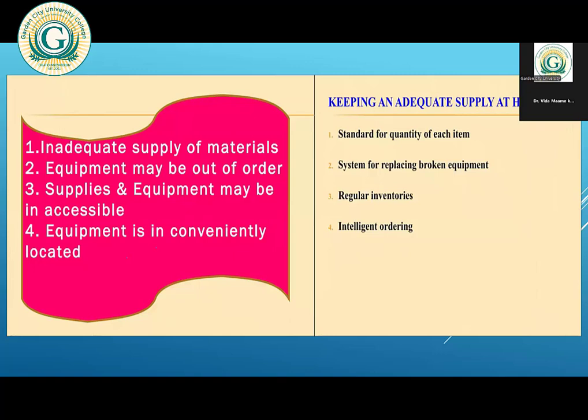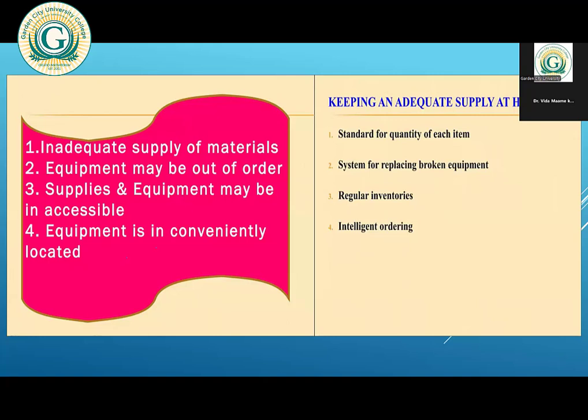Every time you go to the wards, you see to it that the supplies and materials are adequate. When they are not there, you make a requisition and replenish them. Equipment may be out of order, so you need to make sure they are fixed. Supplies and equipment may be inaccessible; make them accessible. Equipment is inconveniently located; relocate it.